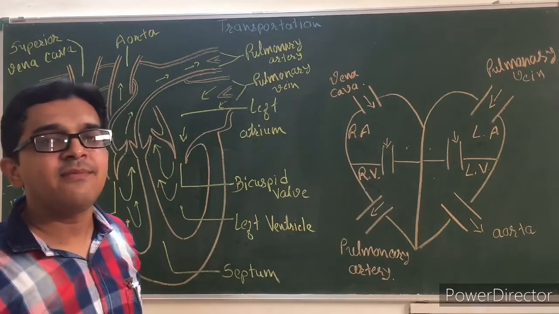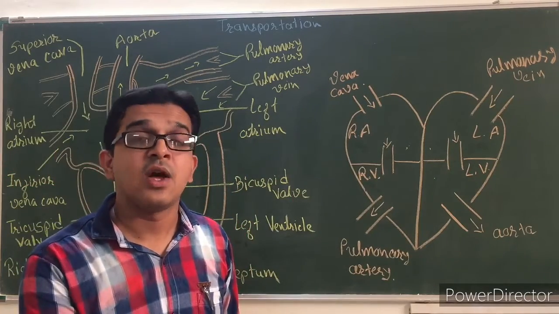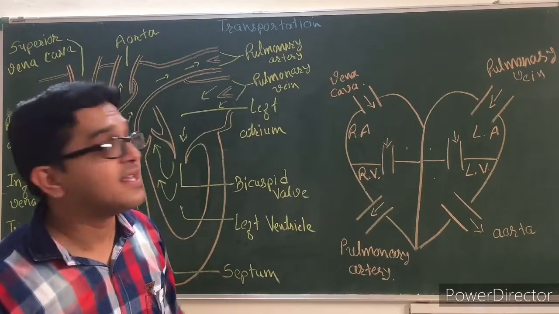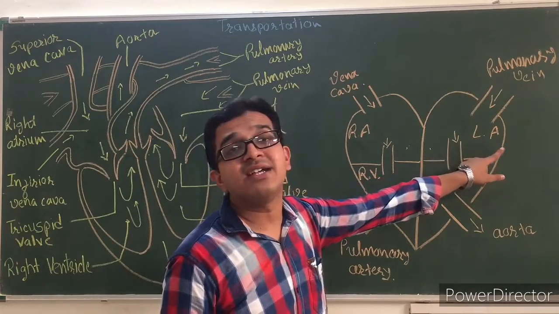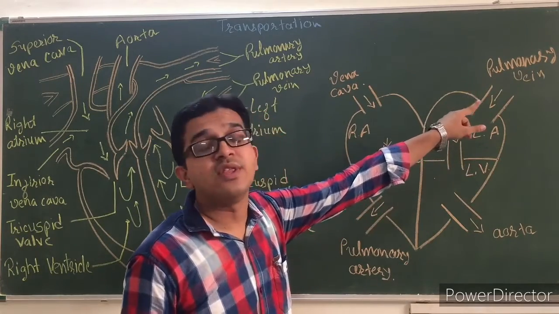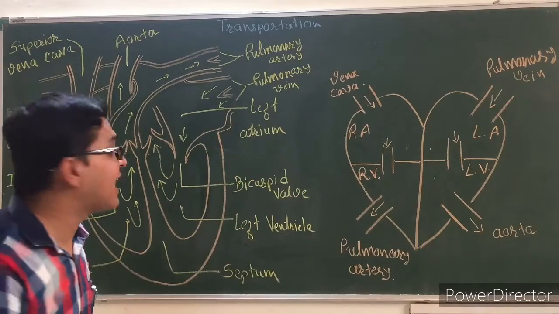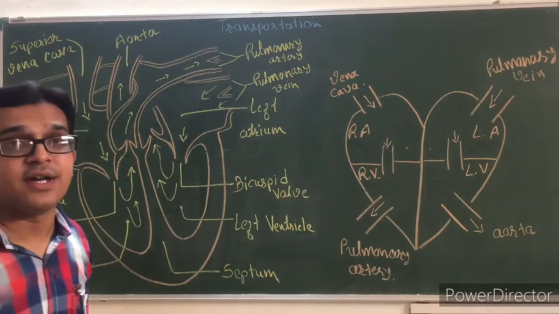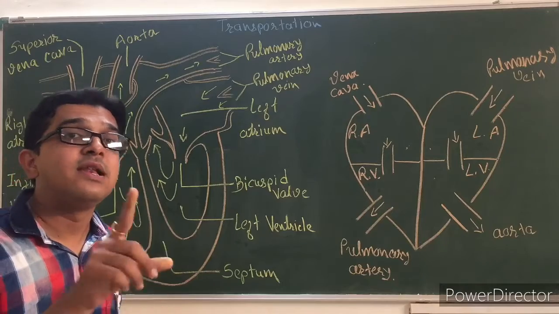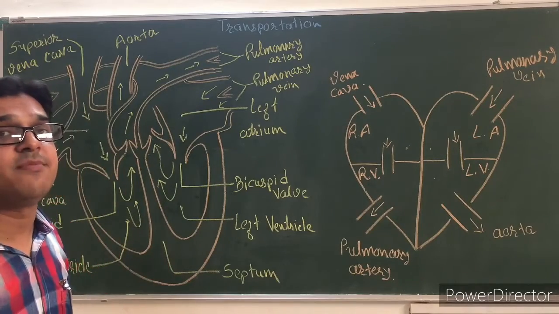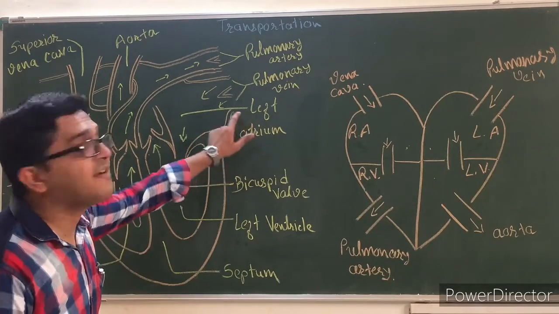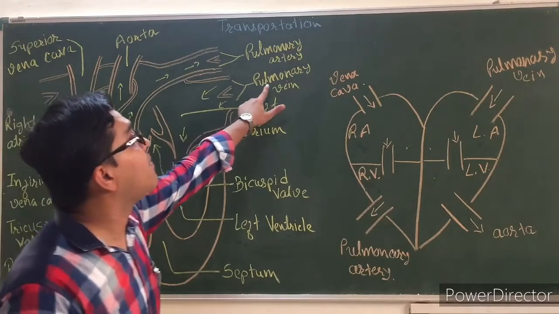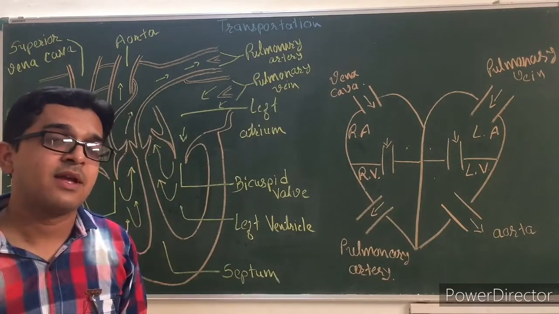At the same time, from the lungs, the oxygenated blood enters the left atrium through the pulmonary vein.